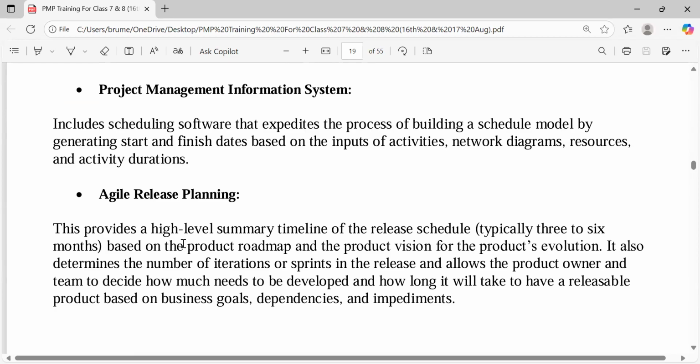So it also determines the number of iterations or sprints in the release and allows the product owner and the team to decide how much needs to be developed and how long it will take to have a releasable product based on business goals, based on the dependencies and some blockages, some barriers and impediments that could be found. This is about agile scheduling releases. So it's just another methodology that can enable us come up with an aspect of the schedule.